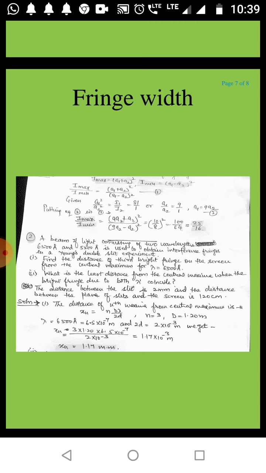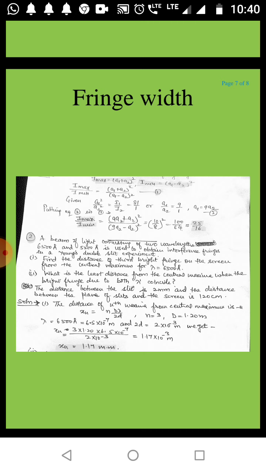By solving the above equation, we get nλ1 is equal to (n plus 1) into λ2. By putting all these values, n into 6500 into 10 to the power minus 10 is equal to (n plus 1) into 5200 into 10 to the power minus 10, or (n plus 1) upon n is equal to 65 upon 52, which is equal to 5 upon 4.